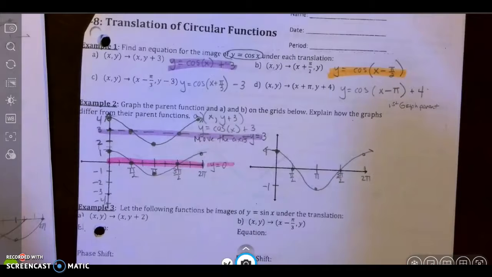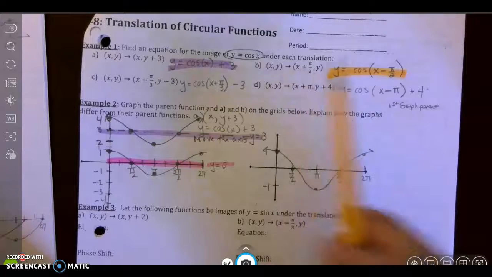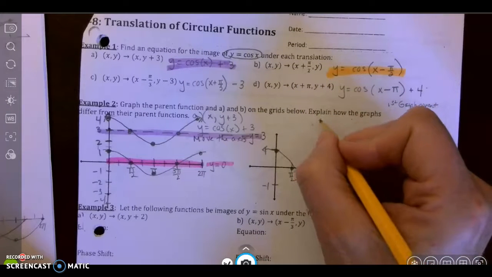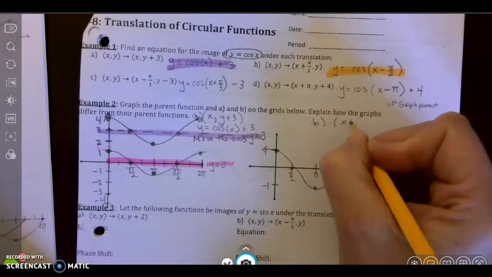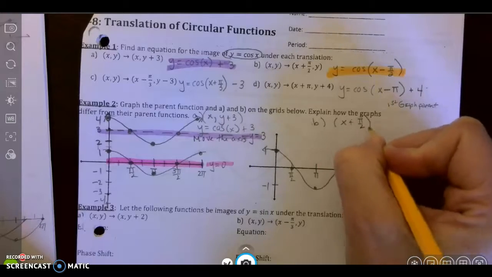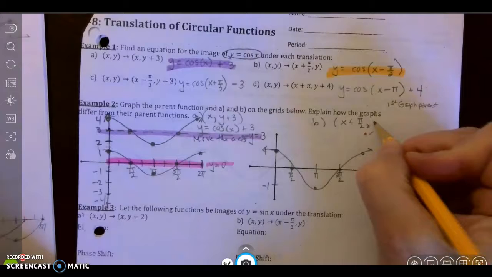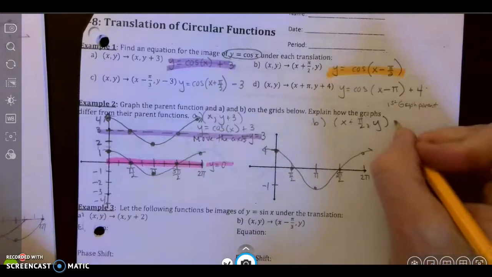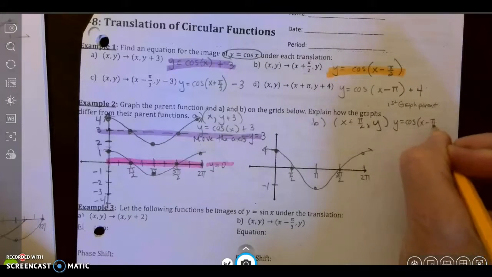Okay. And then what it says is it asks me to move everything according to this equation. So now the scale change for part B is x plus pi over 2, and nothing on the y. And my equation is y equals the cosine of x minus pi over 2.